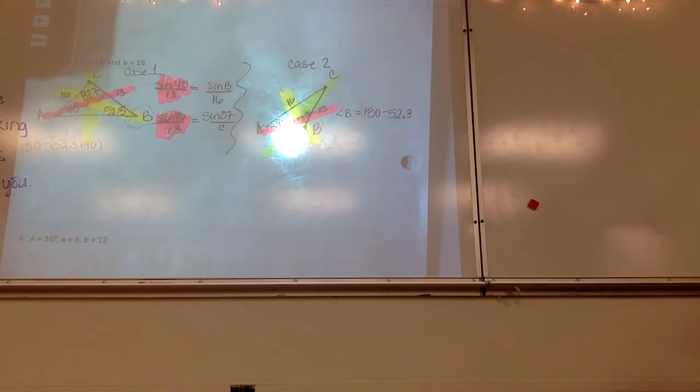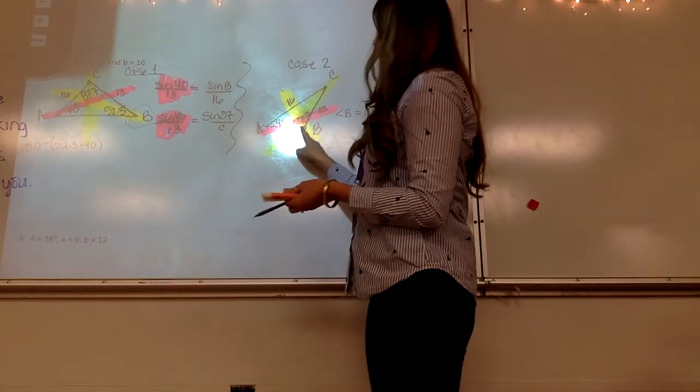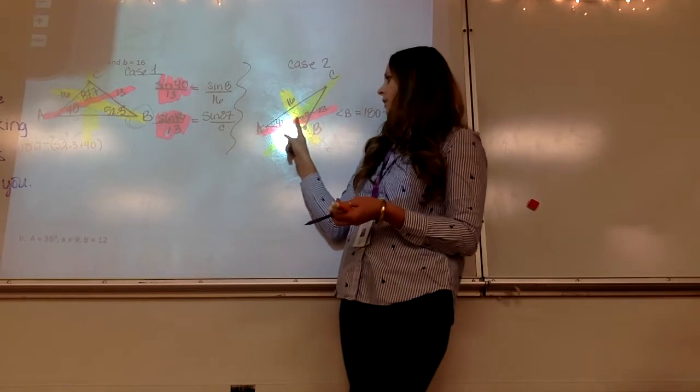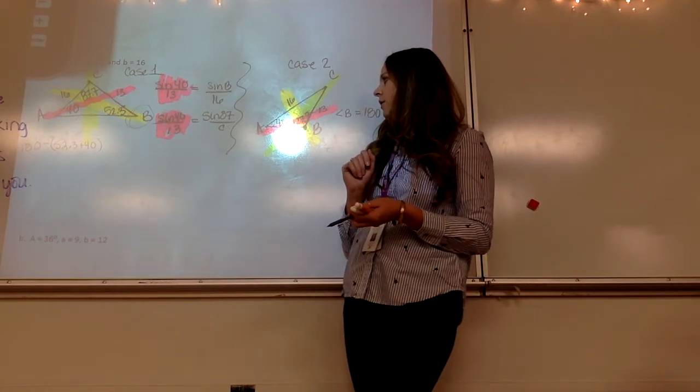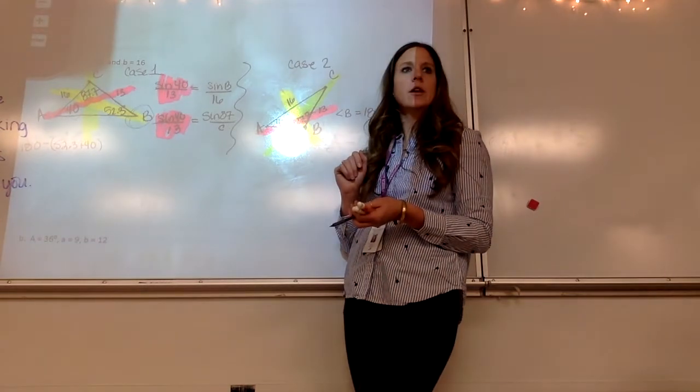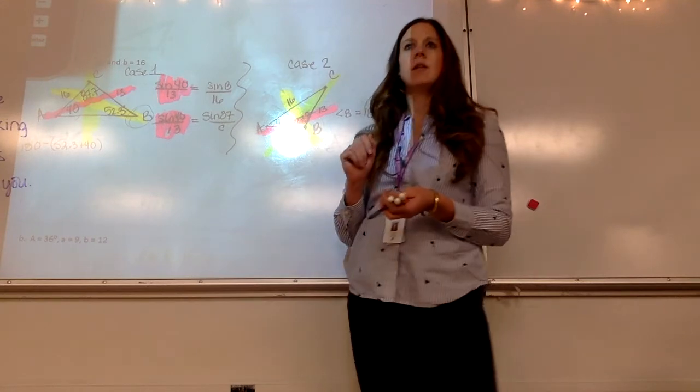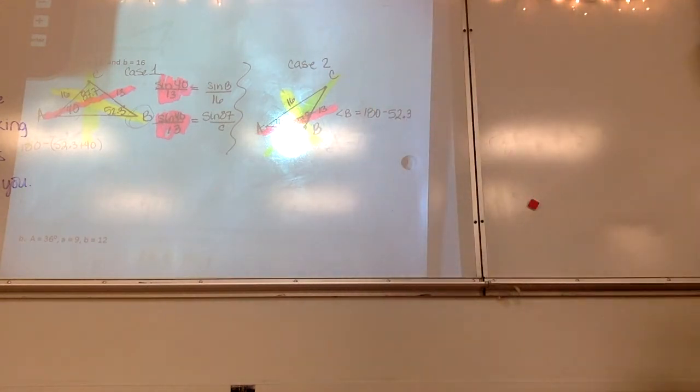And you repeat the exact same process to find C and little c. What is the big C going to be this time? If I have 40 and 127, it's going to be 13.3. Confirmed? Somebody 13.3? 12.3?